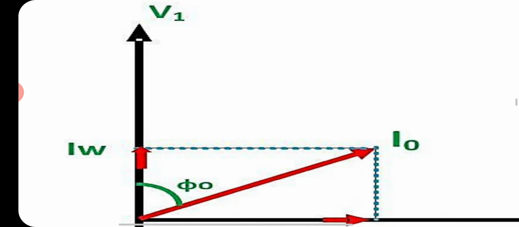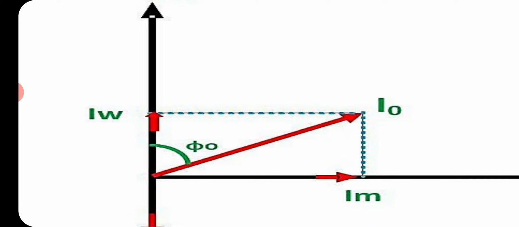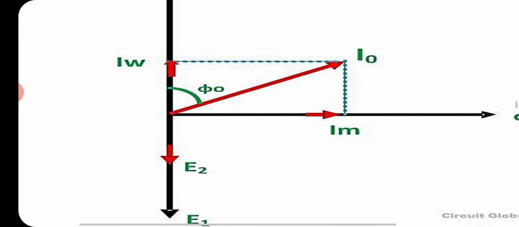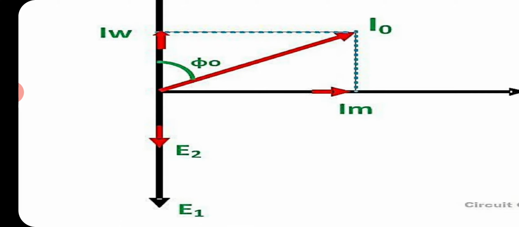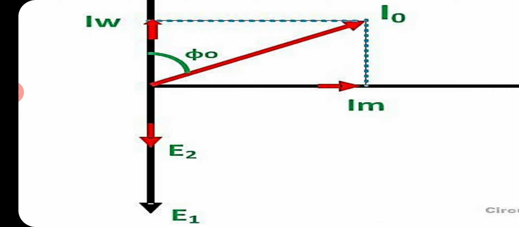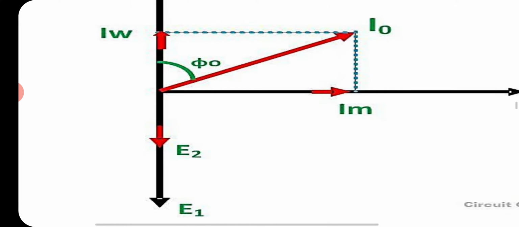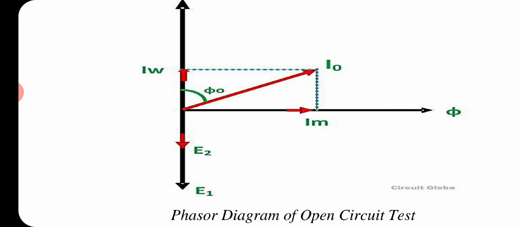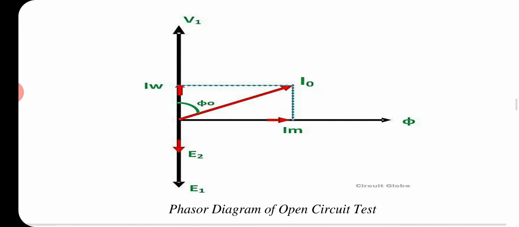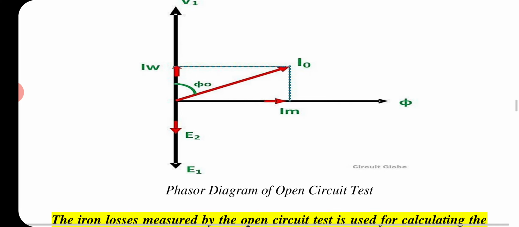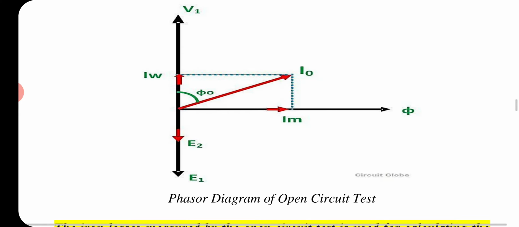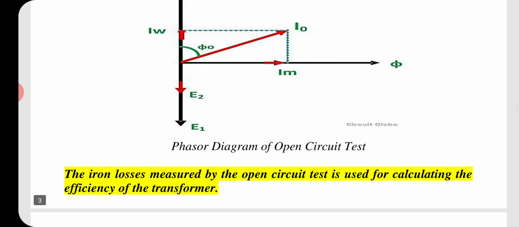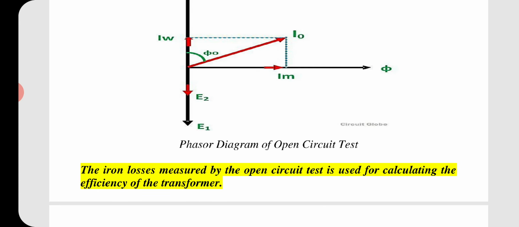It is plotted between the input voltage and the no load current, and on the other side we can see the induced EMF of both the windings. E1 is the induced EMF in the primary winding and E2 is the induced EMF of the secondary winding. So this is the entire phasor diagram during the no load condition of a transformer. The iron losses measured by the open circuit test are used for calculating the efficiency of the transformer.